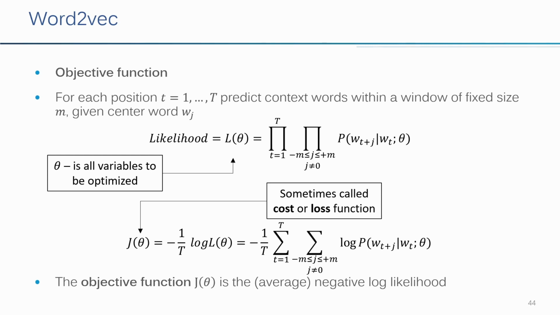So we're pretty much calculating the probability of having this context word given the text within a specific window. And we do this, of course, for the entire vocabulary. We define this as a likelihood L of theta, and theta represents all the variables that we have to adjust, that we have to optimize.